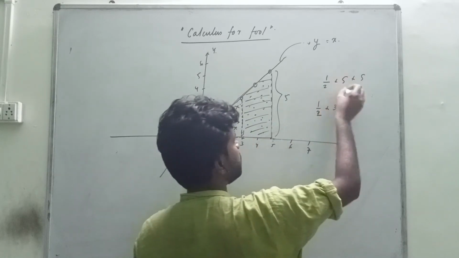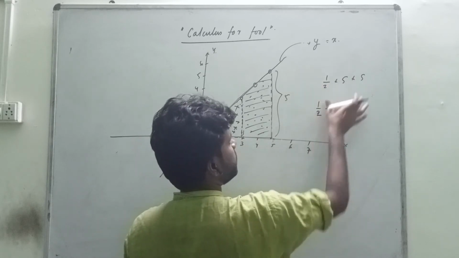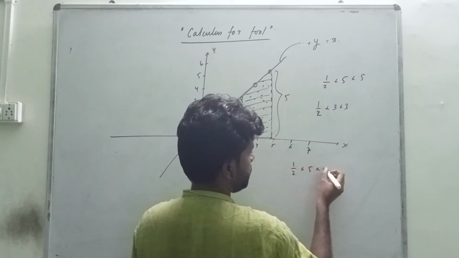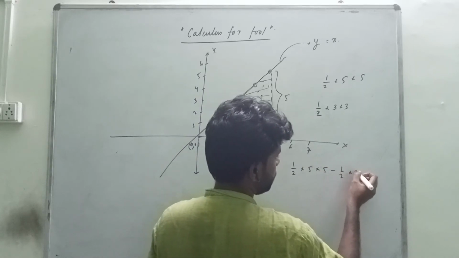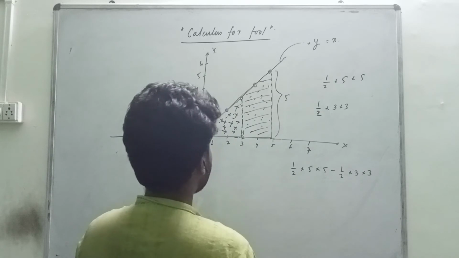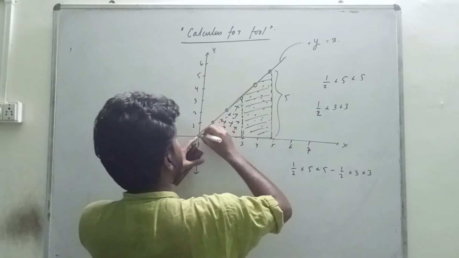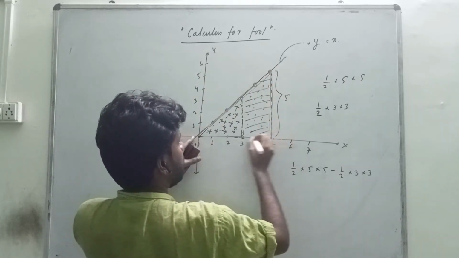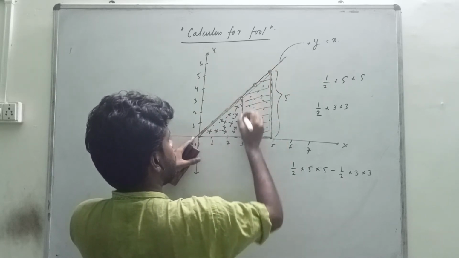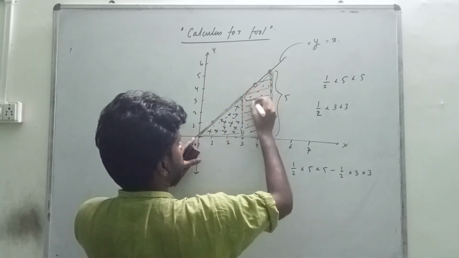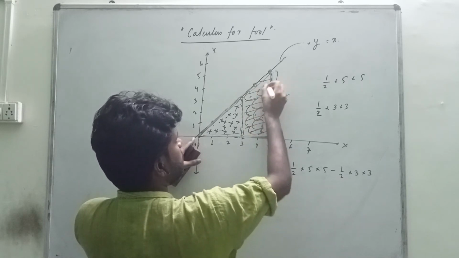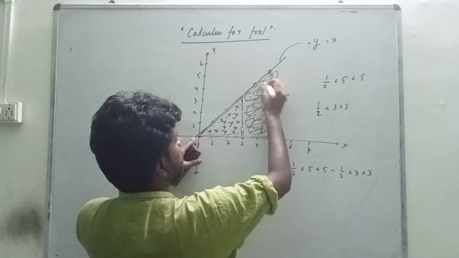And if you subtract it from here, half into 5 into 5 minus half into 3 into 3, you will get, hopefully, a large area. And if you subtract from this large area this thing, you will get, obviously, our areas, right?